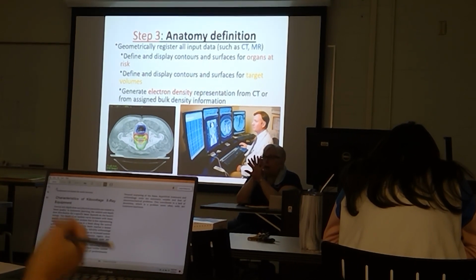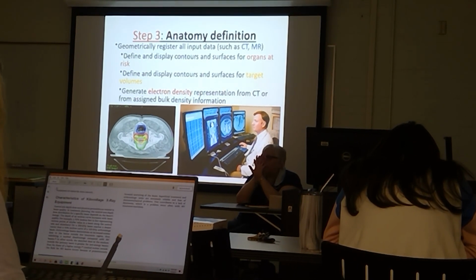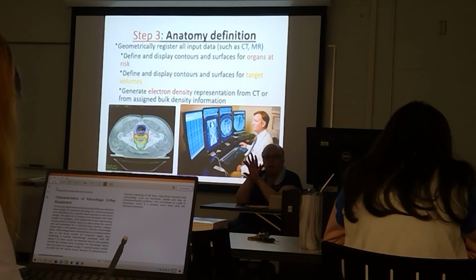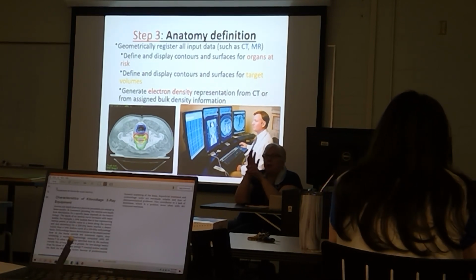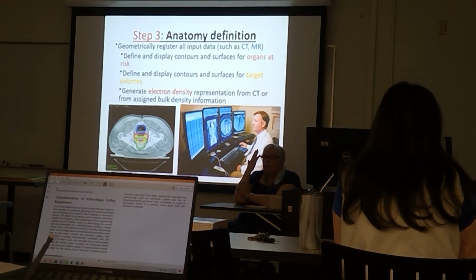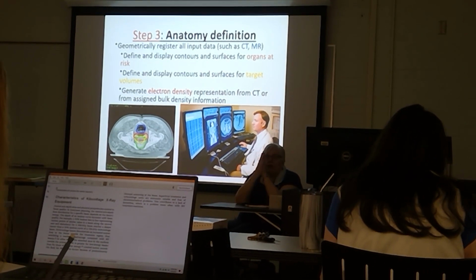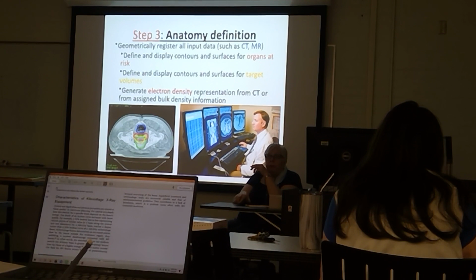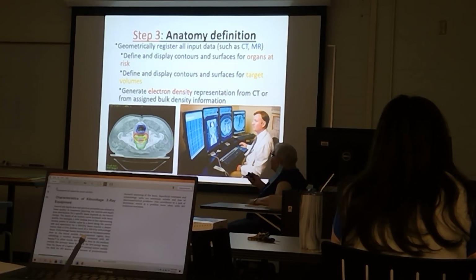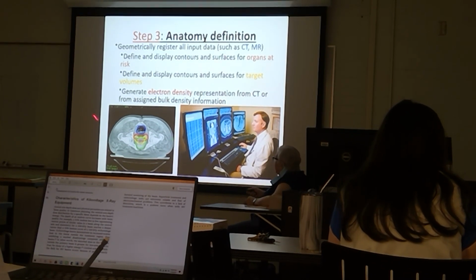Anybody remember what that was called? Fusion. Yeah, we'd fuse them together. So you get the CT and an MRI on top of each other, and you would get the values for both.